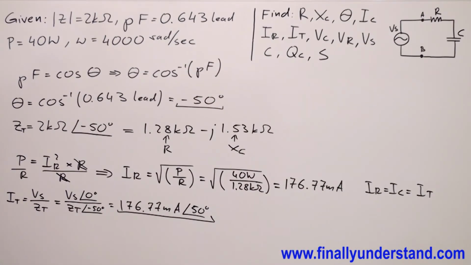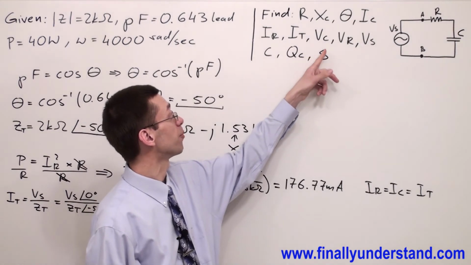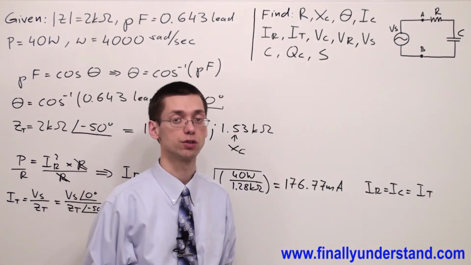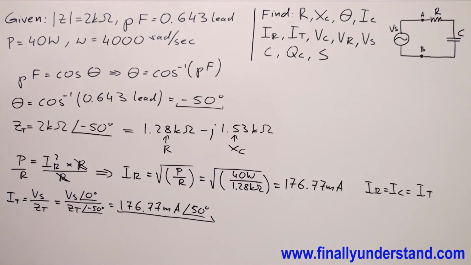We found I total, so very easily we can find the voltage across the capacitor and the voltage across the resistor. To find them, I'm going to use Ohm's law.